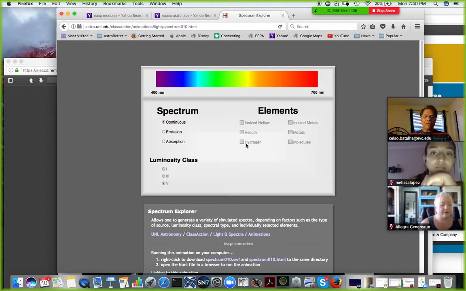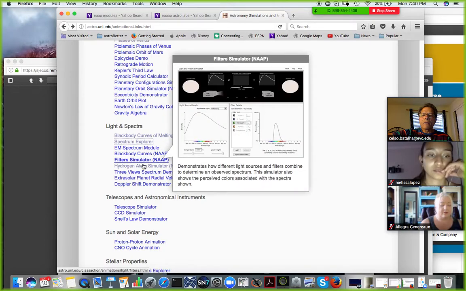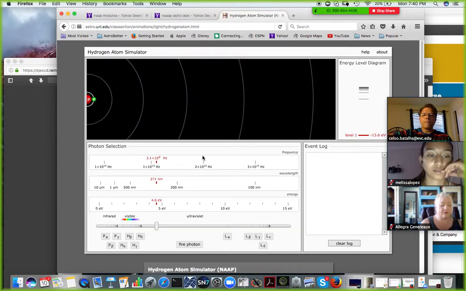And here's an example of absorption and emission lines. This is one of the tools of astronomers, we call spectroscopy. And you might have read that in your book. So what is spectroscopy? Let me show you with another example, showing the atom.